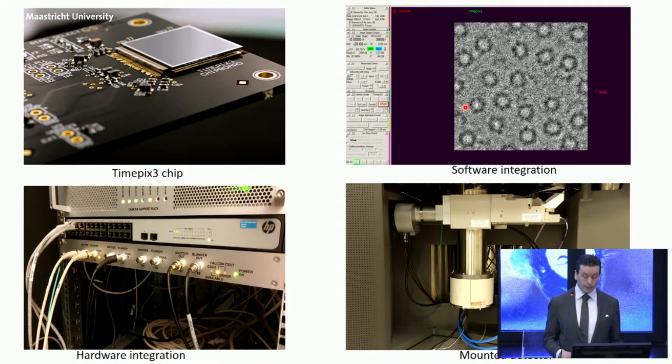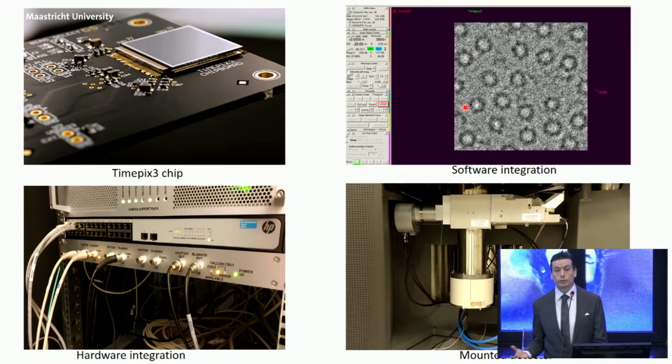We had to combine how the microscope works and the software on the microscope so that it works neatly together with the Timepix. Here on the bottom right, you see an image of how this detector is mounted on the bottom of our microscope.